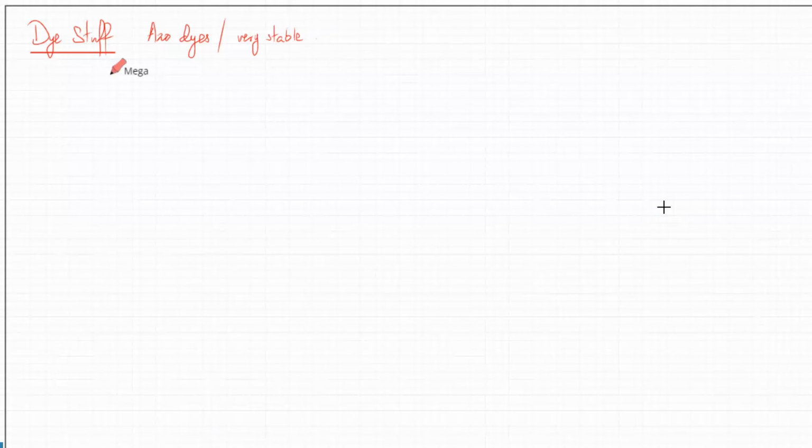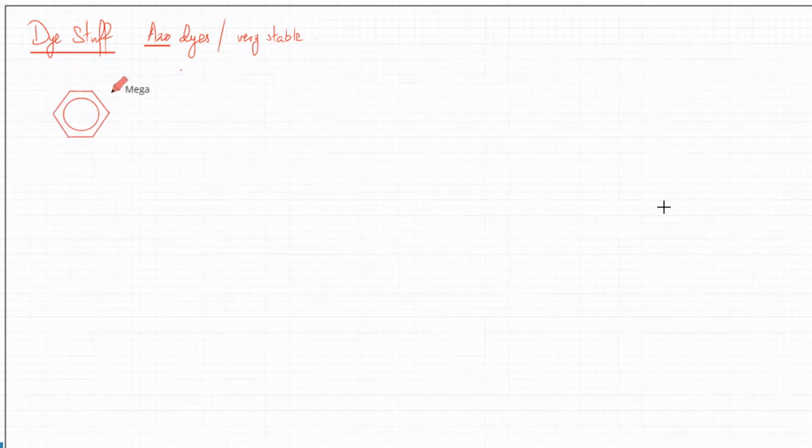Now, what's an azo group? We'll discuss that later. The first thing is what would be your starting material for making an azo dye? Usually, you start off with phenylamine. There might be other groups attached to it, but at the moment we're trying to make the simplest azo dye.